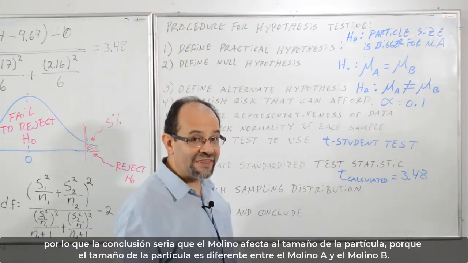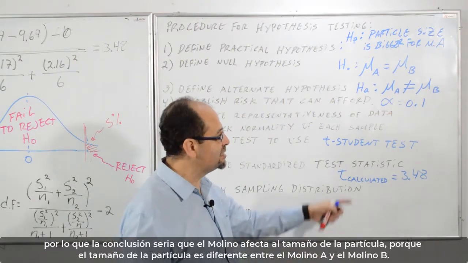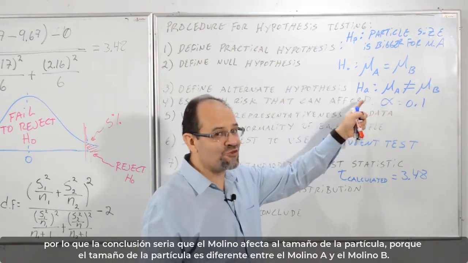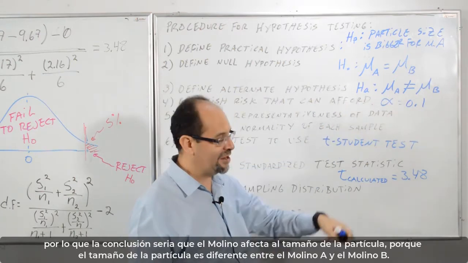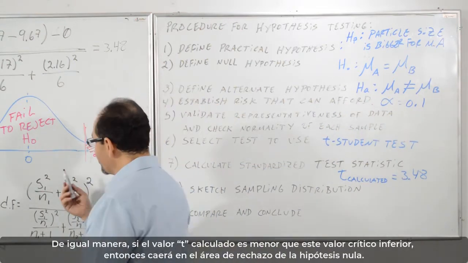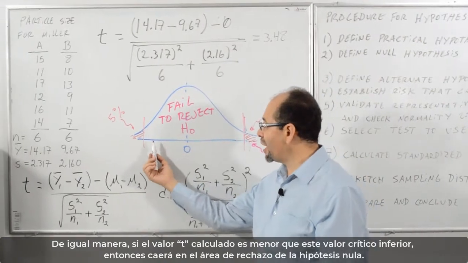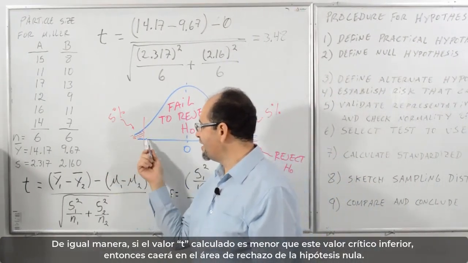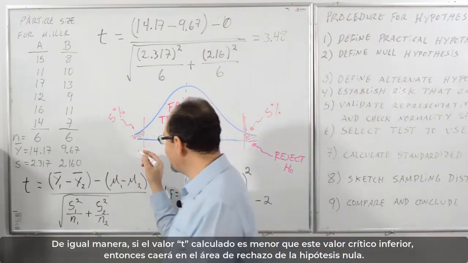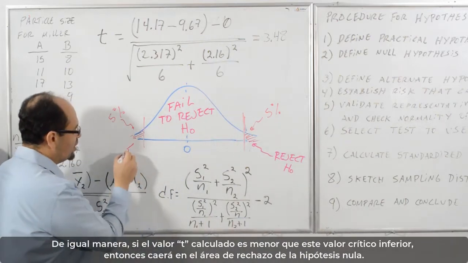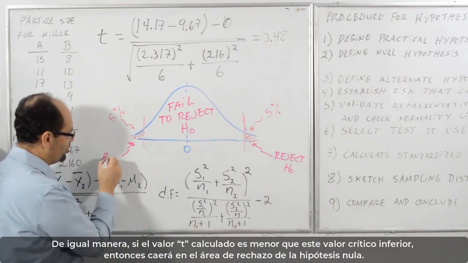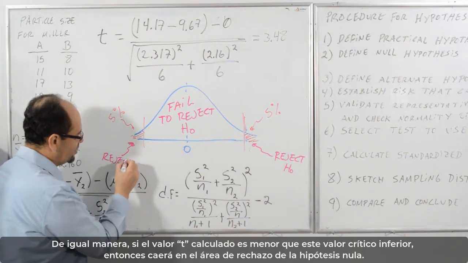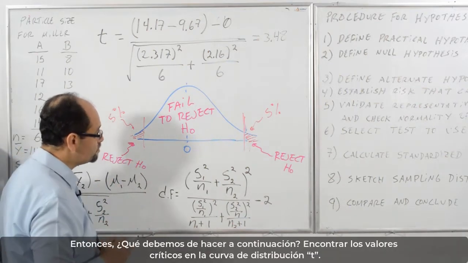My conclusion will be that the mill is affecting particle size, because particle size is different between Mill A and Mill B. Same thing here: if the value calculated is smaller than this critical value, then this area will be the area to reject the null hypothesis.